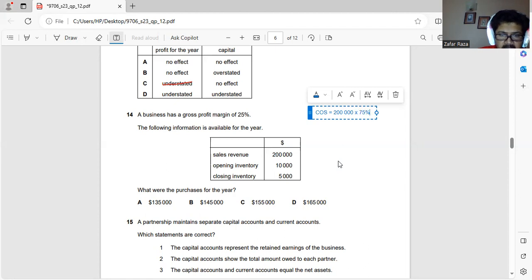If 25% is profit, it means 75% is cost. So 200,000 multiplied by 75% means 150,000 is your cost of sales. So 150,000 cost of sales plus closing inventory 5,000 minus opening inventory 10,000. So purchases are 145,000. It means B option is our answer.